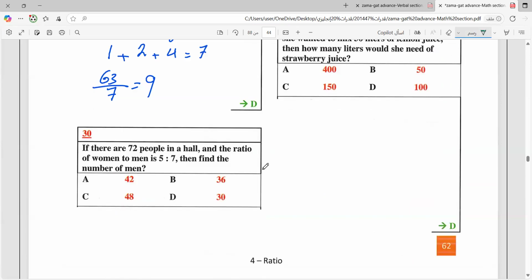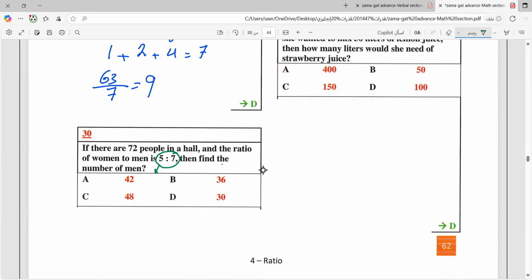Okay, the last 3 questions. If there are 72 people in a hall and the ratio of women to men is 5 to 7, so 5 for women and 7 for men, then find the number of men.